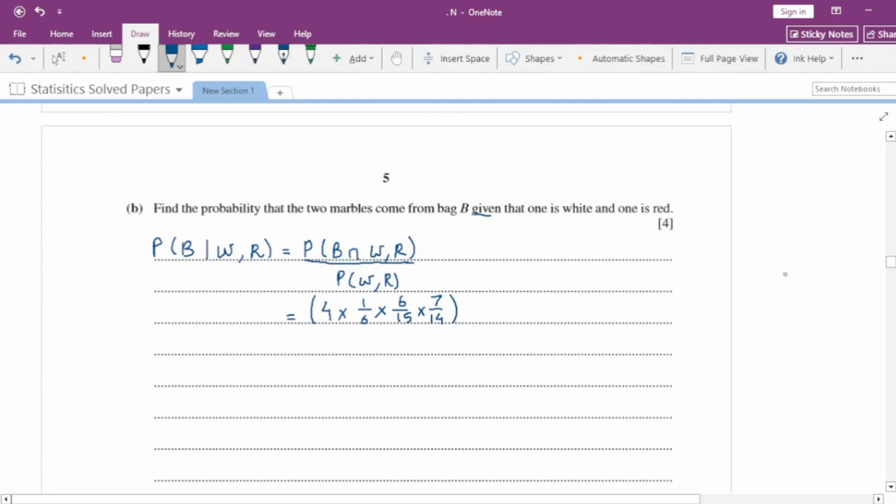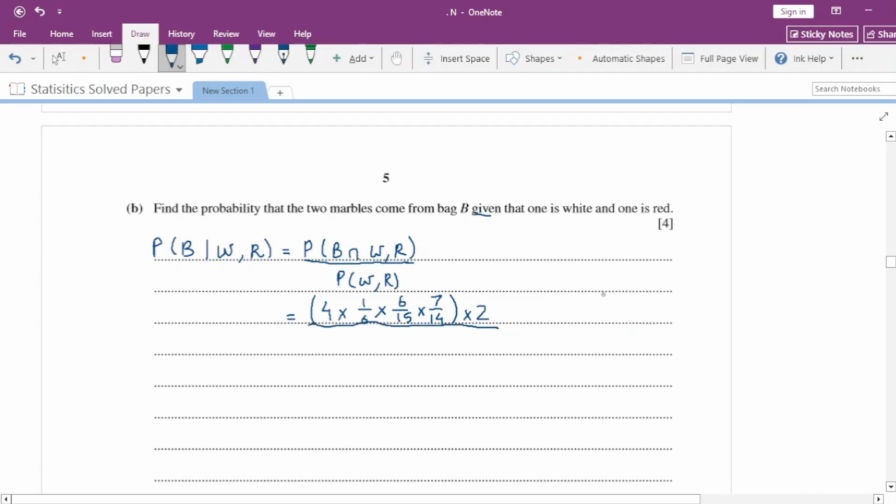Now this is one branch done, but we're going to multiply this all by 2, because you could pick the white marble first and then the red, or the red first and then the white. So these are 2 separate branches and these can interchange. That makes up for the 2 cases on each branch, and that completes our numerator.